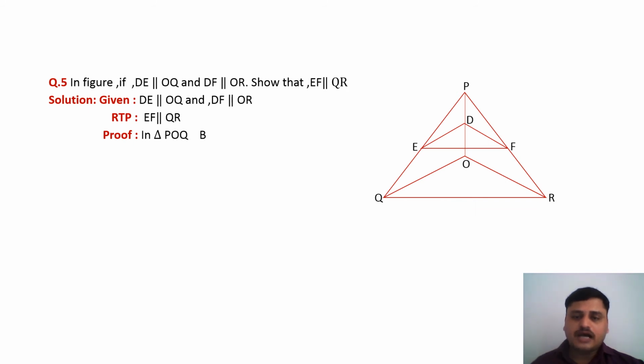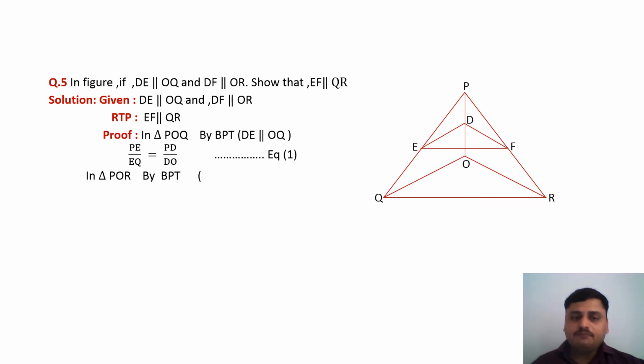We will take the first part. In triangle POQ, as DE is parallel to OQ, by BPT we can say that PE by EQ is equal to PD by DO.